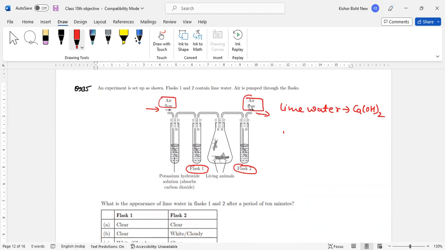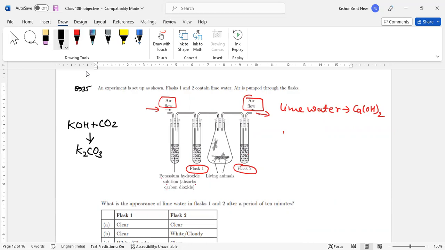Now in the first, you see this air is dipped in this solution, and this is the potassium hydroxide solution, KOH, which absorbs carbon dioxide. KOH solution absorbs CO2 and forms K2CO3.